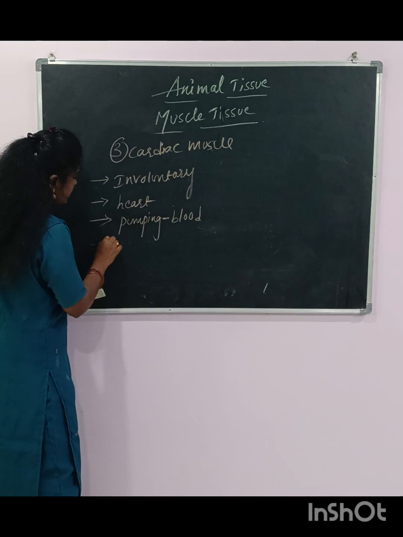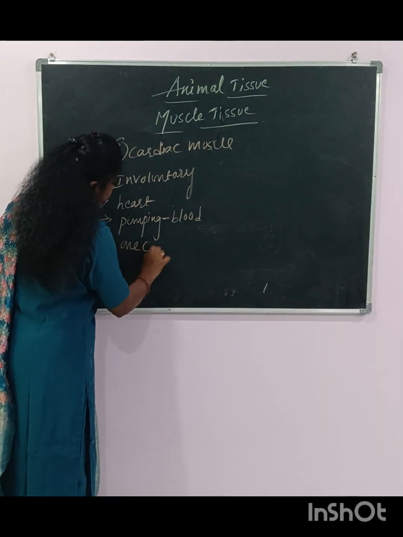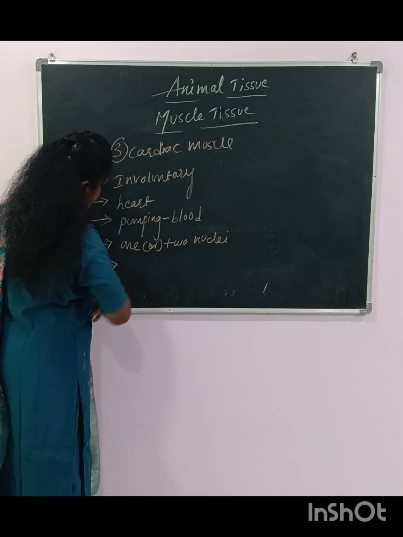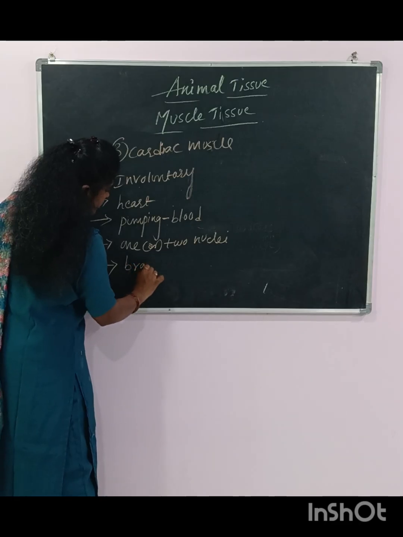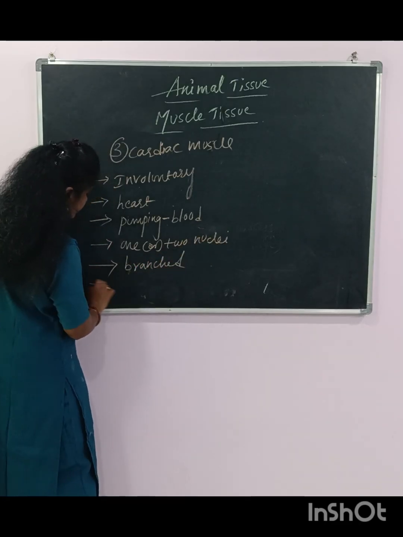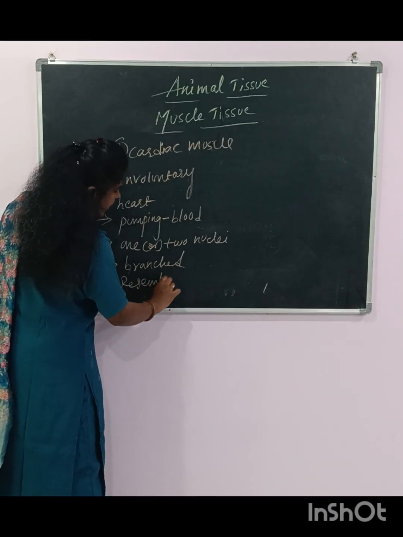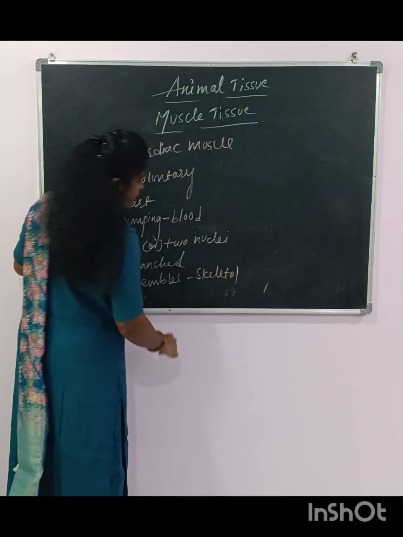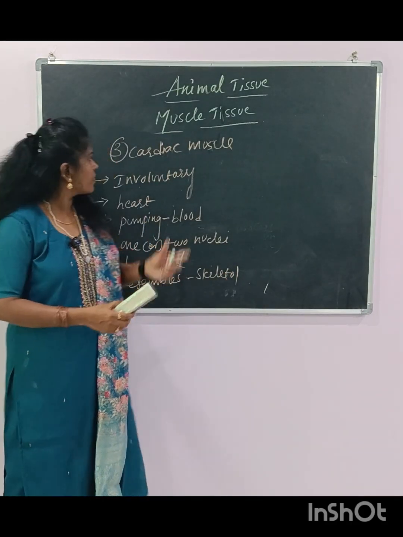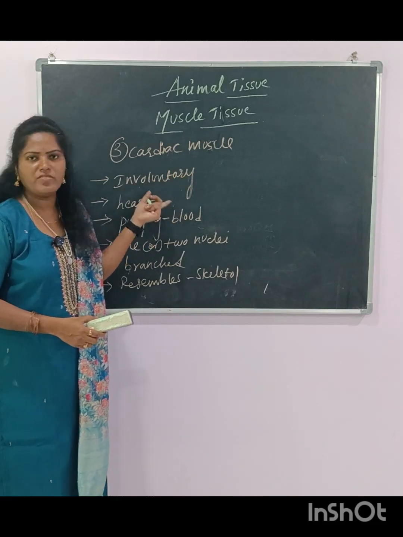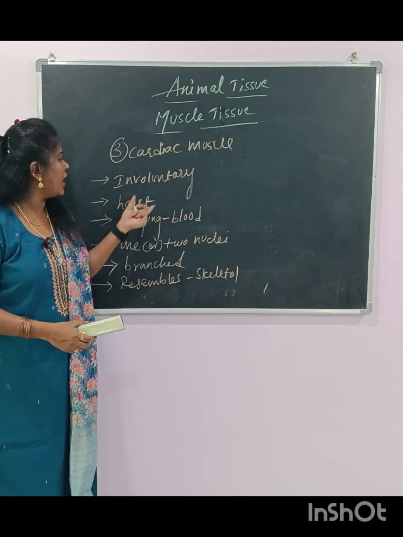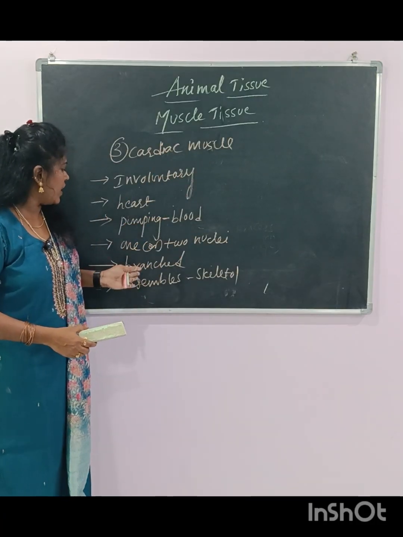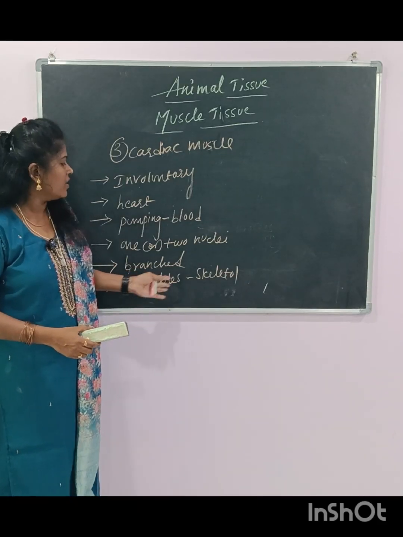It pumps the blood, and has one or two nuclei, and is branched. It resembles skeletal muscle as it has striations. Cardiac muscles are involuntary in nature. We find cardiac muscle in the heart, it pumps the blood, and has one or two nuclei and is branched. It looks like the skeletal muscles.